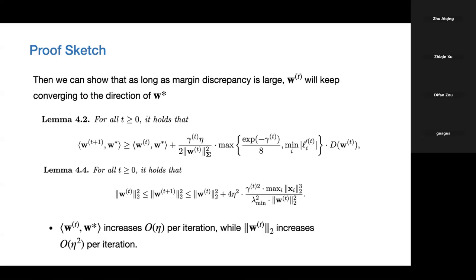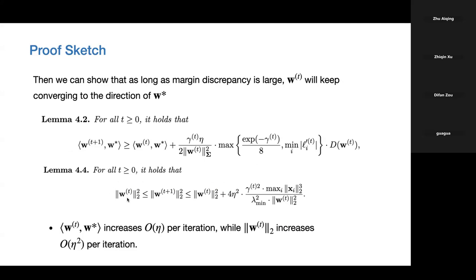And by combining that, we can prove a lower bound on the increase of the inner product between W and W star. This one is always increasing and governed by the margin discrepancy. Because we want to prove the margin direction, we want to rule out the case that this increase of the inner product is caused by the increase of the norm of WT.